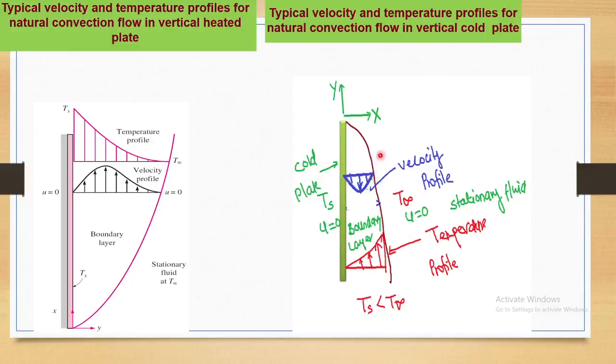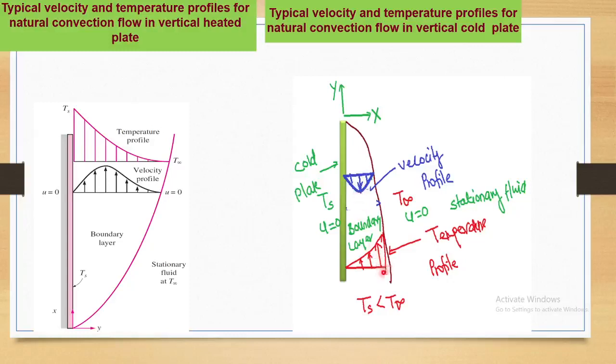So when a heated particle comes into contact with the cold plate, it will become heavier and it will move in the downward direction. So its velocity will be increasing somewhere in the middle. So the velocity of the fluid particle will be zero at the plate surface because of the no slip condition, will be zero at the boundary layer and will be maximum in the middle of the boundary layer.